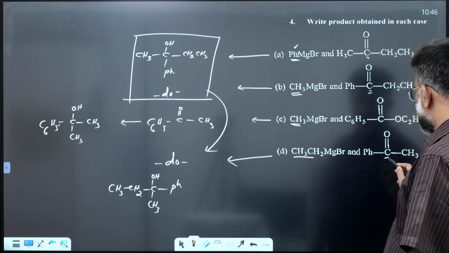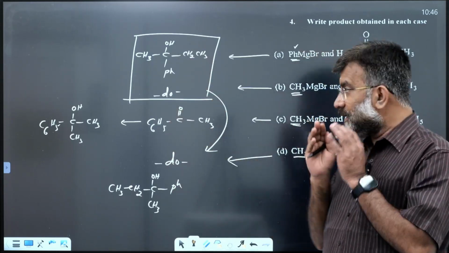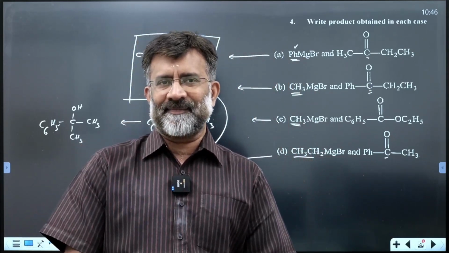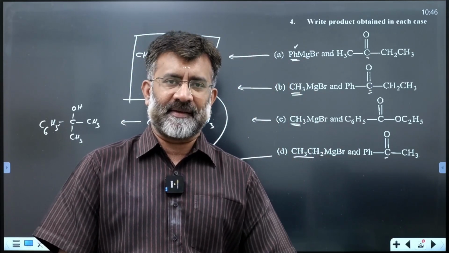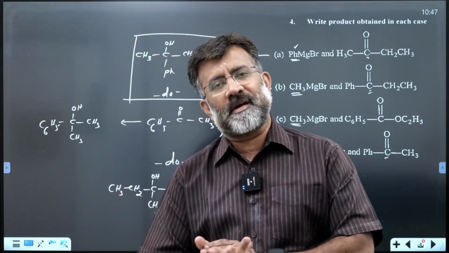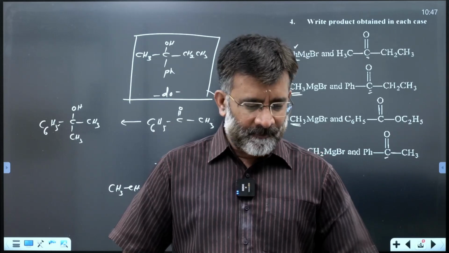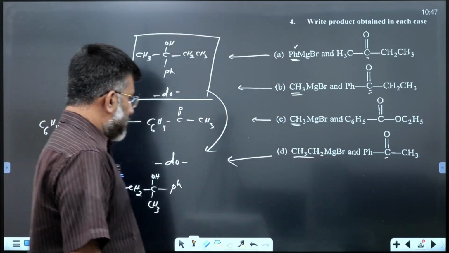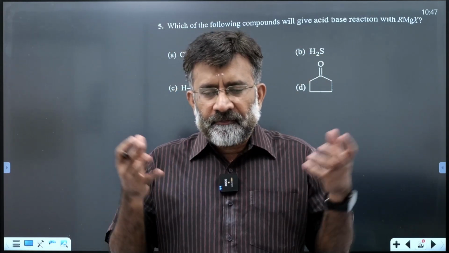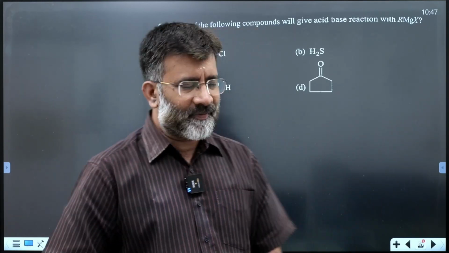So CH3, CH2, C, Ph, CH3 means the same product. So options A, B, D: the combination is different, but the product is the same. C is the different one. Right? These types of questions are encountered in more than one choice correct, or even in matrix matching type questions. In fact, what is being done here is that different ideas incorporated in a big question have been split and presented here. Okay, fine. Next.